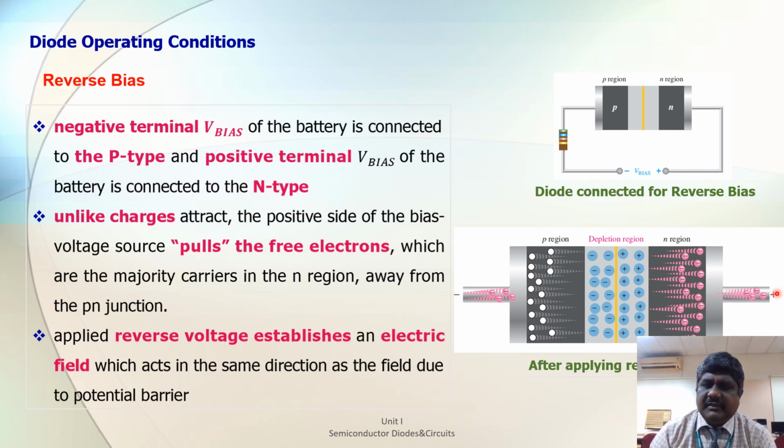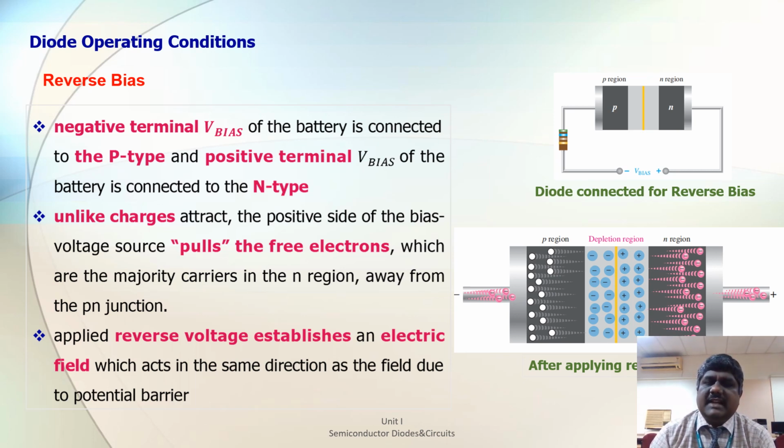The electrons are immediately attracted by the positive, so they move away from the junction, and the depletion layer plays a major role. All the non-attracted ions and charges accumulate here, which makes the depletion layer region larger.